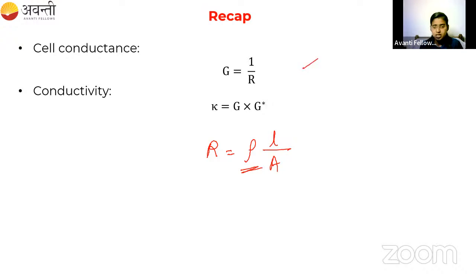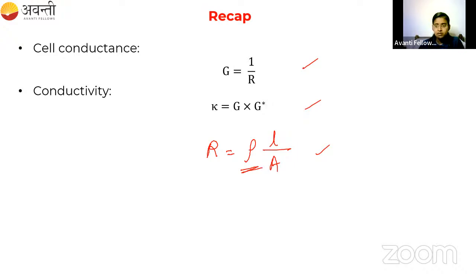Got it? These are the three formulas we concentrated on in the last session, and we also discussed some problems related to them. We also discussed 5 factors affecting conductivity, like size of the ion and nature of the electrolyte.